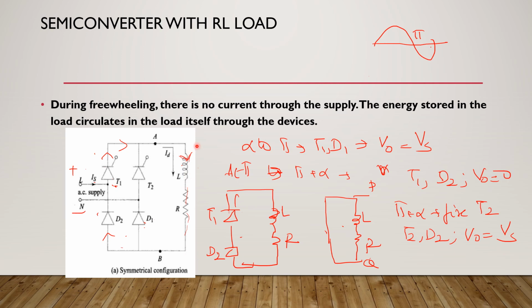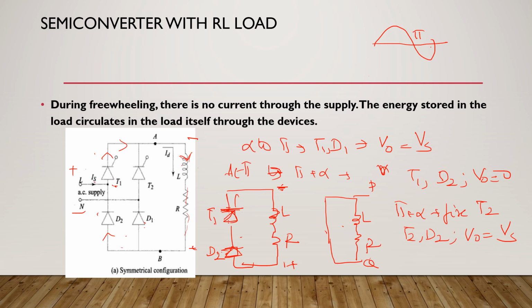That opposite polarity voltage will be minus and plus like this, and this is going to forward bias this thyristor. The cathode is at negative. Once D2 is conducting, it is like a short and it is connected to positive. So effectively the anode of thyristor T1 is connected to positive, cathode is connected to negative. So T1 and D2 remain in conduction.